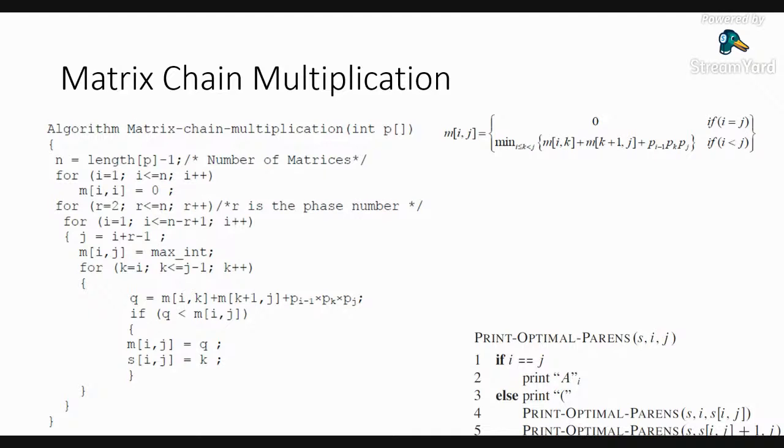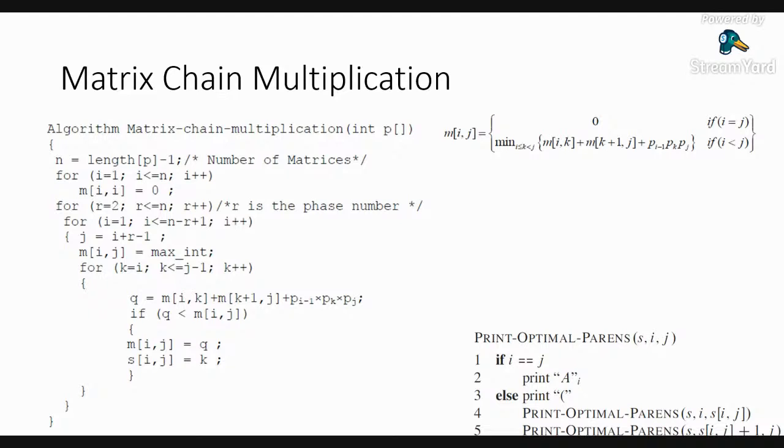Here you can notice that this M[i][j] is a recurrence relation. M[i][j] is the minimum number of scalar multiplications for performing the actual multiplication from matrix i to matrix j. Here we will find this k, where k ranges from i to j minus 1, so i is less than or equal to k, less than j. The first term is M[i][k], the second is M[k+1][j].